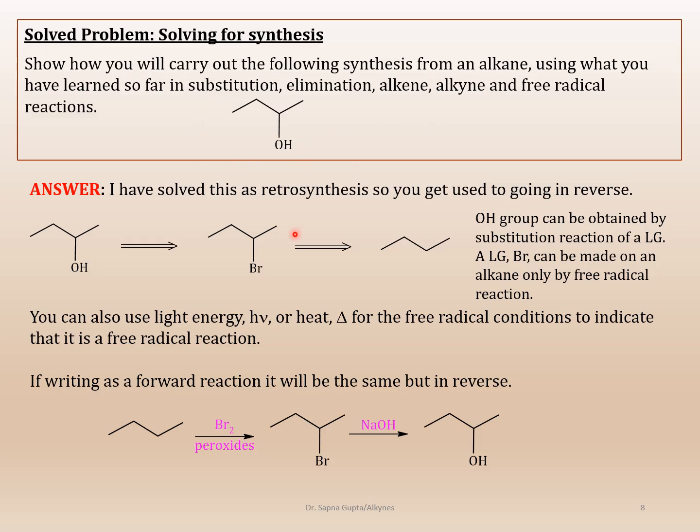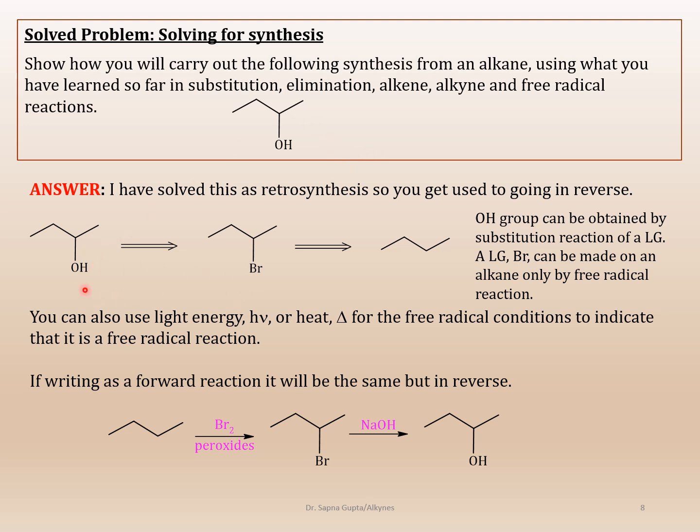So I'm going to try and use retrosynthesis here to help you out. Of course, I have more videos for you online also, so make sure you use those as well. This is not the end all, because this is an introduction to retrosynthesis for you. So what we do in retrosynthesis is we go backward.